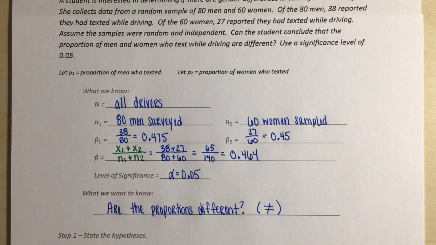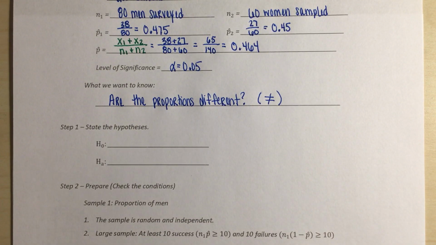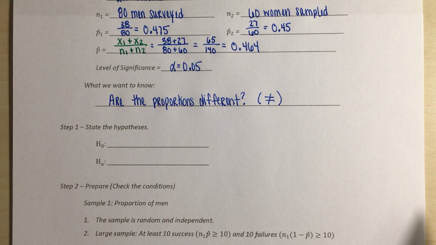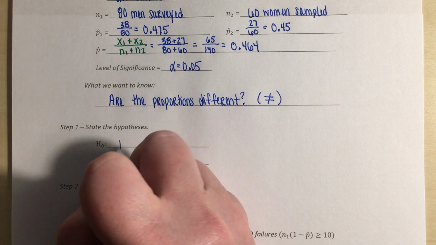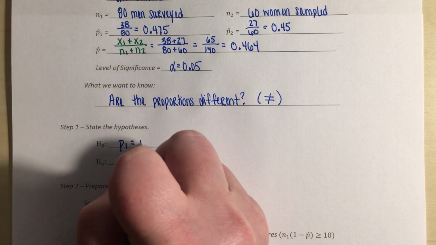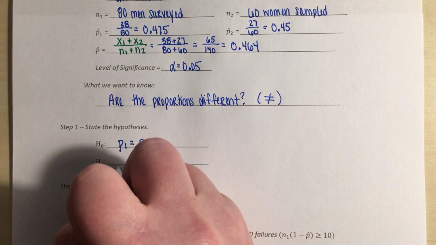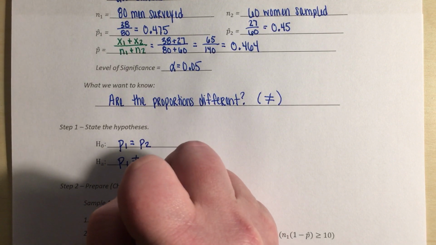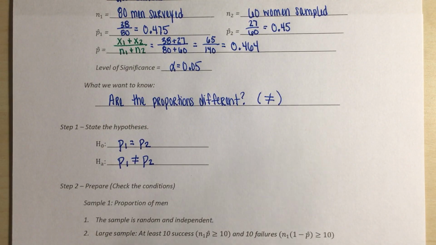So if we're just asked if they're different, that is a not equal to case. Now our hypotheses. Remember that our null and alternative hypotheses both have P1 and P2. Our null hypothesis is always that P1 equals P2. And in this case, our alternative hypothesis is simply that P1 does not equal P2. If we do have a greater than or less than, we do need to pay attention to that.